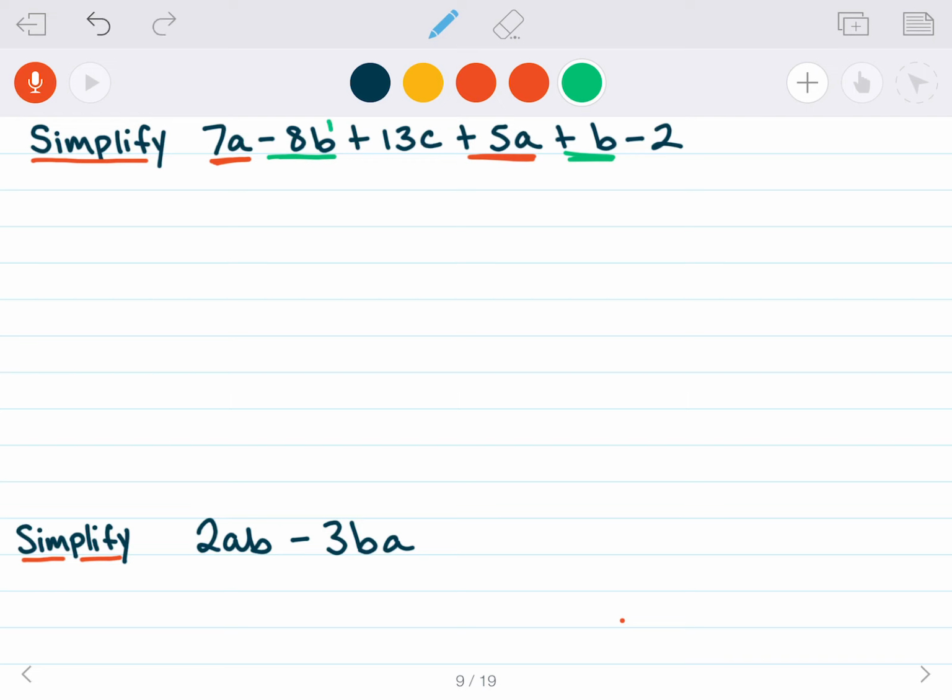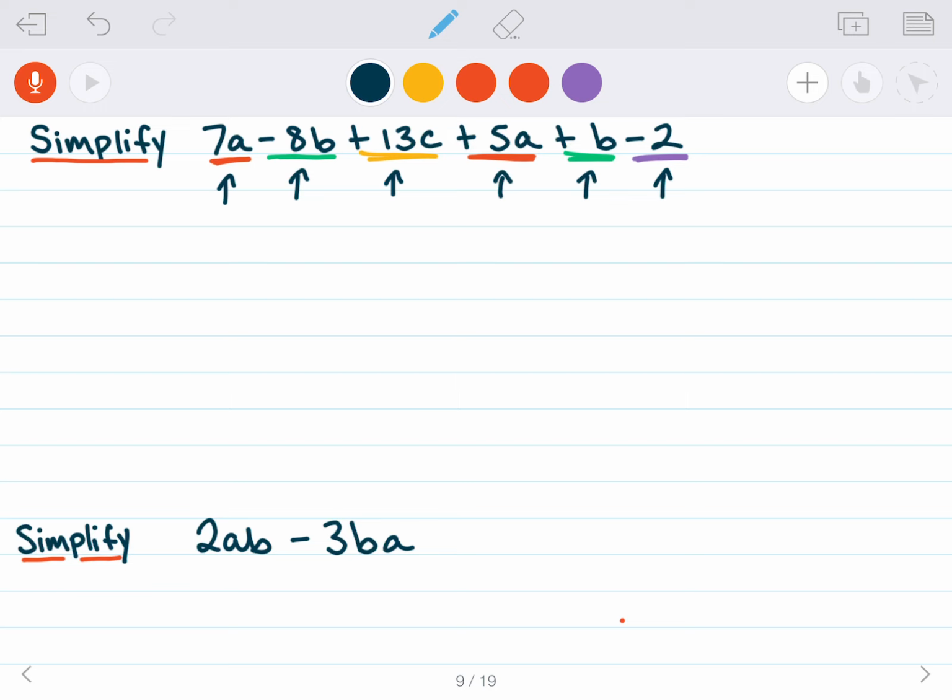Okay? And that's it. What about c? I have a positive 13c, and that's it. I don't have another match to go with him, so he's just going to be yellow by himself. And then finally I have this constant, which is negative 2. All right, so how many like terms? Well, first of all, how many terms do I have? I have 1, 2, 3, 4, 5, 6 terms in total.